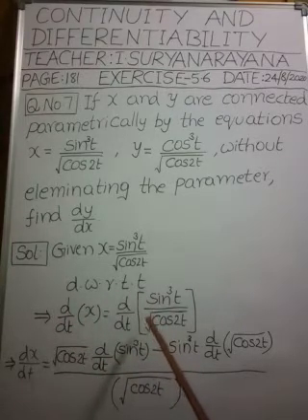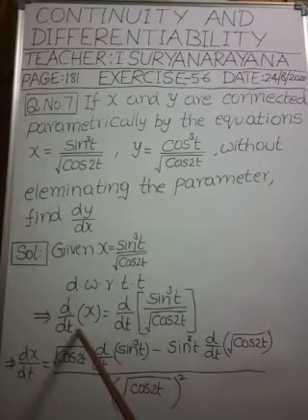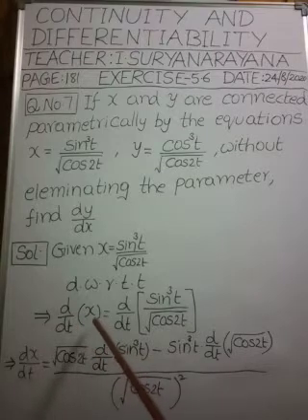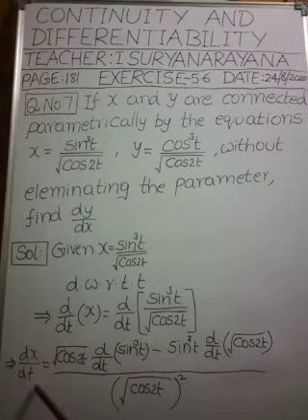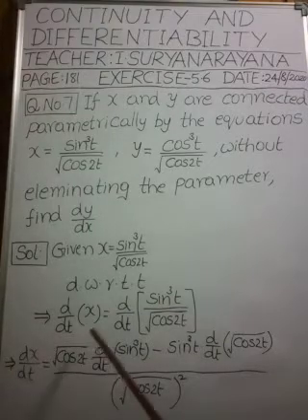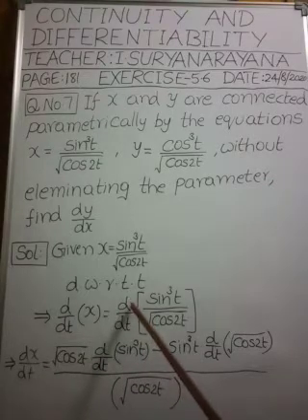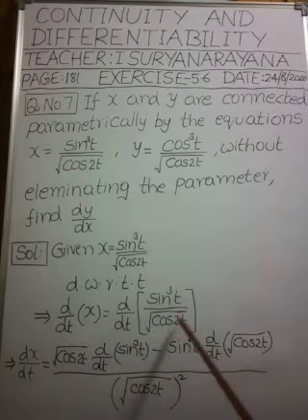This implies in LHS, if we observe, it is d by dt of x. What is the value of d by dt of x? Yes, dx by dt. Understood the LHS part, my children? Now come to the RHS part. It is d by dt of sin cube t by square root of cos 2t.